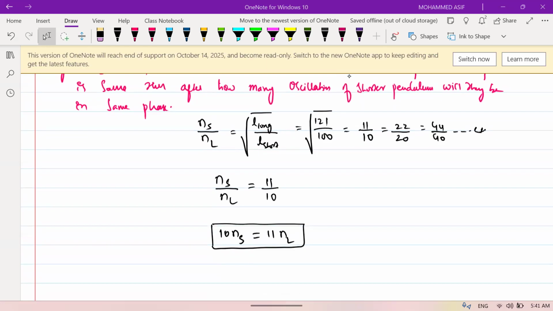After 10 oscillations of the smaller pendulum, it will be in the same phase with your longer one. So 10 NS will be equal to 11 NL. How did I get 22 divided by 20, beta? I just multiplied 11 by 2 and 10 by 2, divided and multiplied by 2. Got it? Sure.